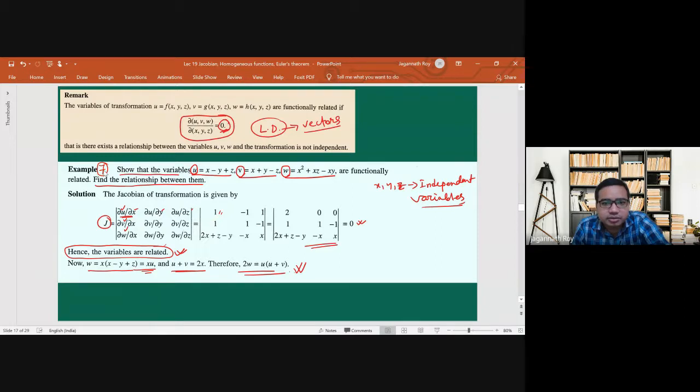Since this is 0, if we evaluate with respect to this one, we cannot evaluate, the evaluation is 0. So how is this getting?